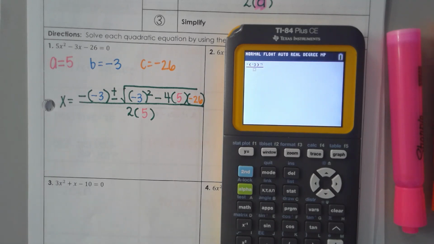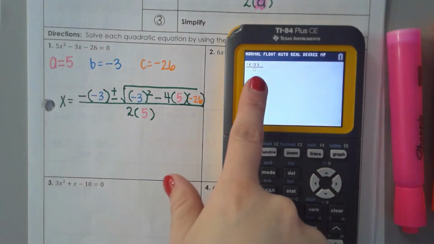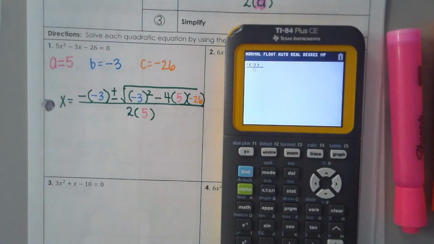There's not a button that does both plus and minus. So what we're going to do is do the plus first, and then we'll go back and change it to a minus. I'll show you how you don't have to retype it in every time. But you can only do a plus and a minus one at a time.